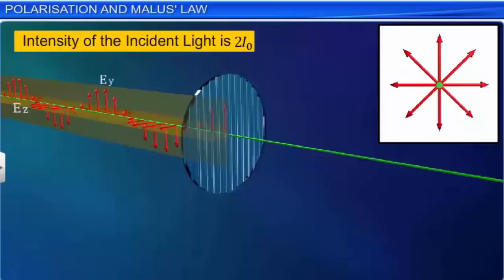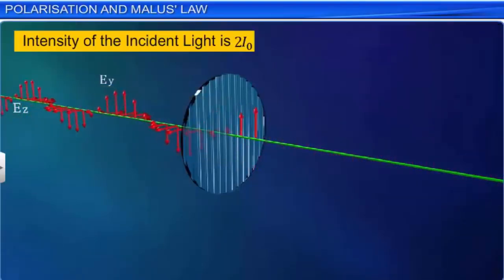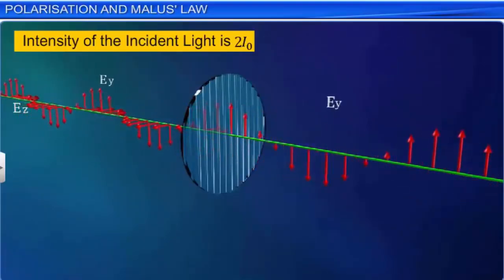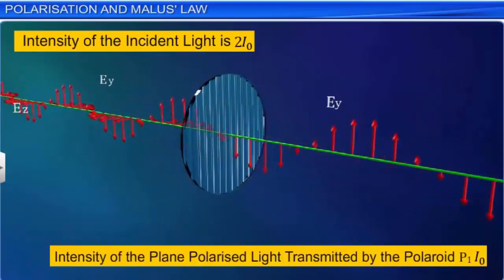If the intensity of the incident light is 2I0, then, because of symmetry, the intensity of light in the direction of the polarizing axis is I0 and the intensity of light in the perpendicular direction is I0. The Polaroid allows only the EY component of the incident light to pass through it, and hence the intensity of the transmitted light is half the intensity of the incident light. Let the intensity of the plane polarized light transmitted by the Polaroid P1 be I0.